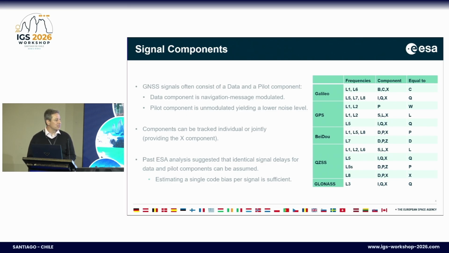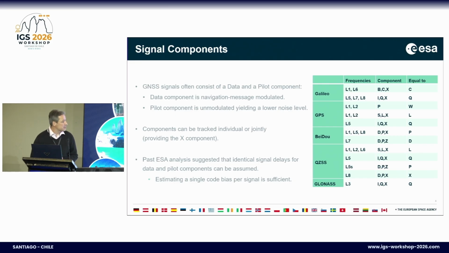When we now estimate these biases or want to provide them, we have to think about how to optimally estimate them. Do we have to do it for pilot, for data channel, and for the mixed signal? This makes it difficult because, in particular, the mixed signal is not provided by all receiver types. We have it for some, it's a limited network, and it may change over time.